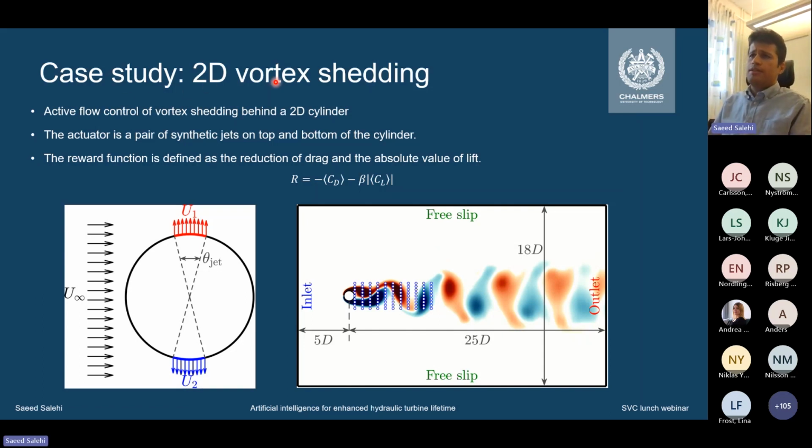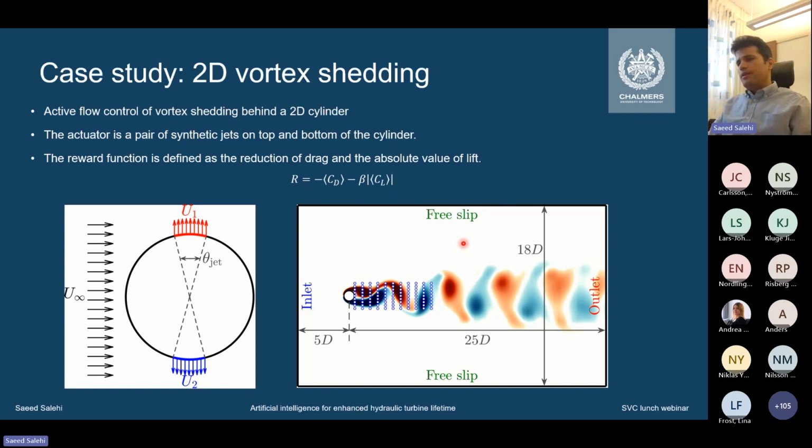So here we are looking at active flow control in a two-dimensional cylinder, vortex shedding behind that. And the actuator that I'm using to control this is a pair of synthetic jets on the top and bottom of this cylinder here. And you can see these blue dots are where I sense the environment, which is the pressure actually. And then I want to maximize this reward function. That basically means that we want to minimize drag and lift coefficients.